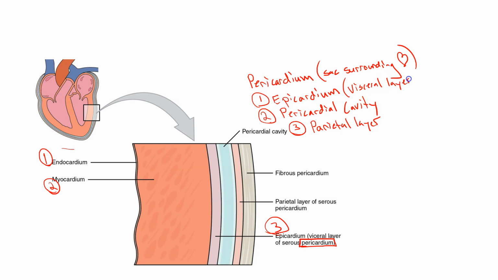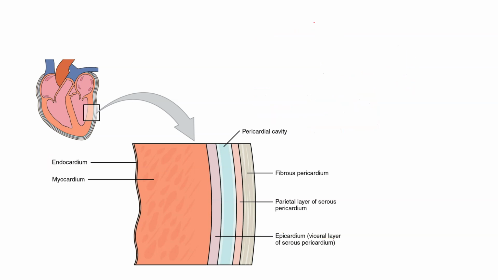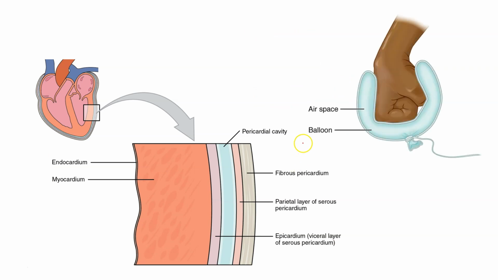This echoes something that we talked about in A&P1, where we talked about serosal membranes. Serosal membranes are a type of membrane in the body that surround organs, and that's the case that we see here surrounding the heart. Just to recall what a serosal membrane looks like, there's one surrounding the heart, one surrounding the lungs, and one surrounding all of the abdominal organs in the abdominal cavity. A general feature of a serosal membrane: you can imagine a squishy water balloon, and this would be the organ here. And then there are 2 walls to the layer.